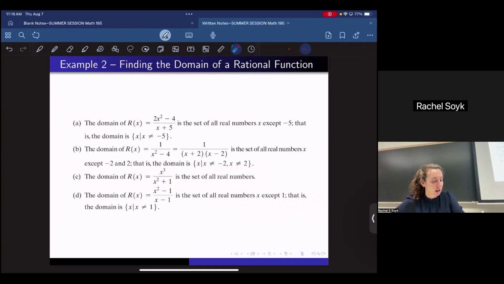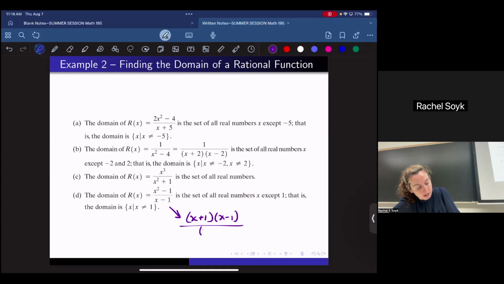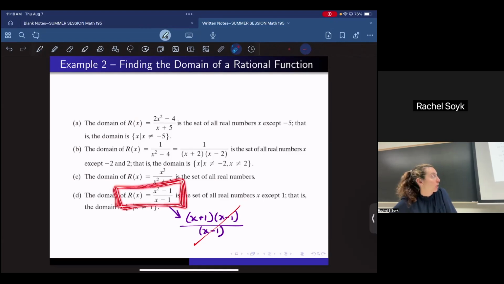And then finally, we have that last example, our x² - 1 divided by x - 1. This is a fun one because if you did factor the numerator, you'll notice that in the simplified version of the function, the x - 1's cancel out, but that doesn't mean all real numbers is your domain, because we are looking at this function as our original function.